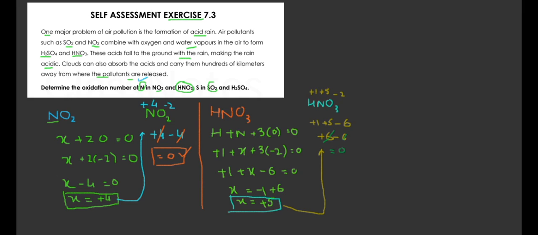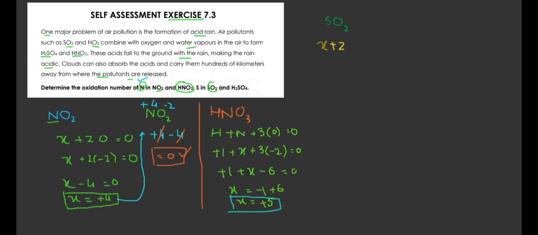You will get 0. Now we have to find out the oxidation state of sulfur in sulfur dioxide. That is quite simple. You can write sulfur dioxide like this, that is SO2. Now for sulfur you can write X, and for oxygen the charge is -2.